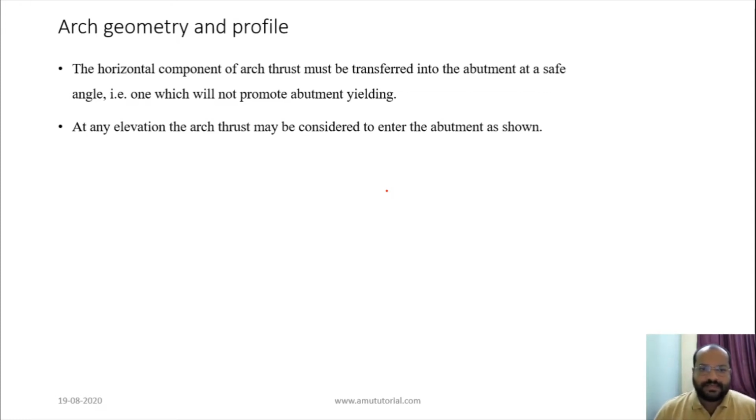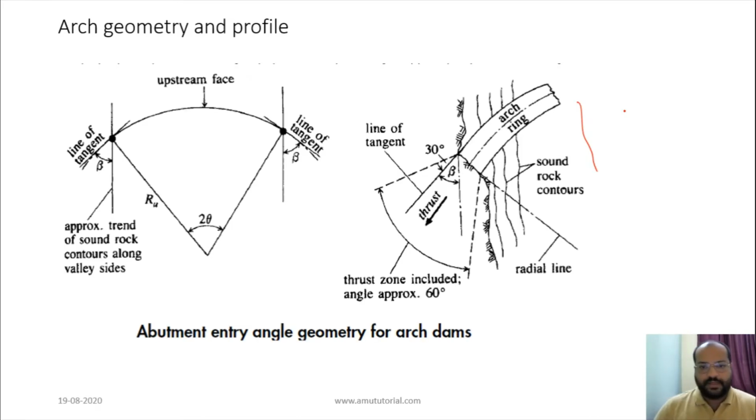Now in an arch dam, the horizontal component of arch thrust must be transferred into the abutment. What does it mean? Suppose this is an abutment. I'll show you the figure. Suppose this is the abutment, and this is the arch ring, the arch, and these are the abutments.